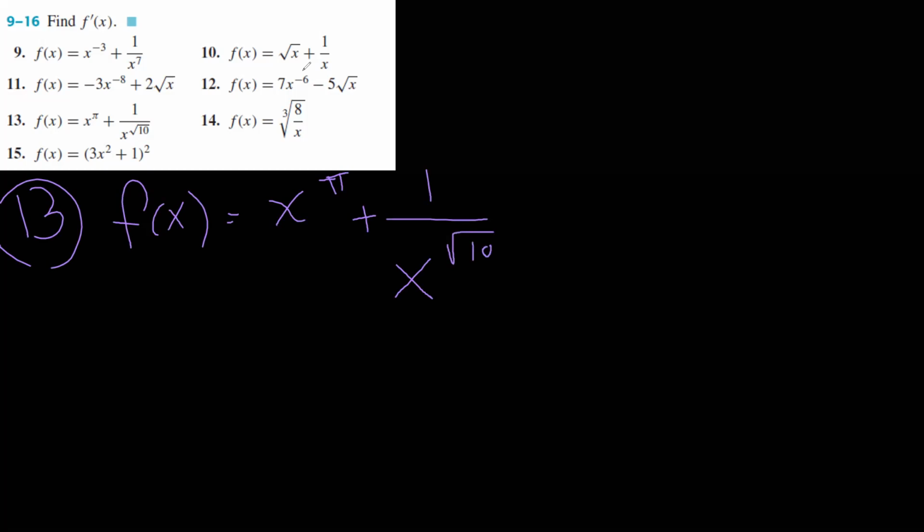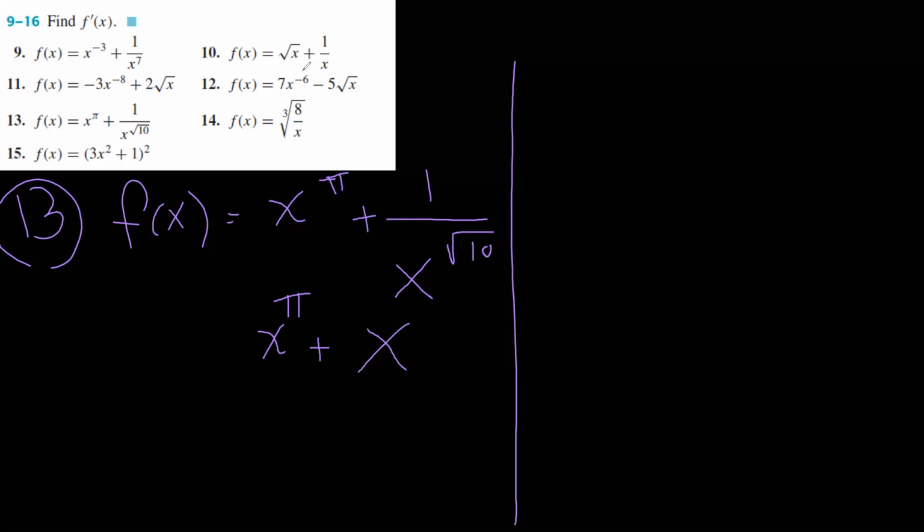Now, I have to rewrite it. It will be x raised to the power pi plus this one. Here it is 1 over something, so I want to rewrite it by the inverse one. I told you a few seconds ago that 1 over something with a negative exponent is x raised to the negative square root of 10.